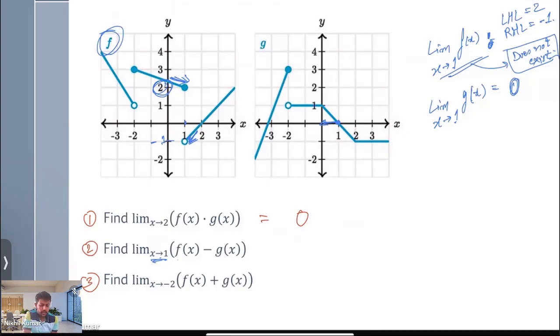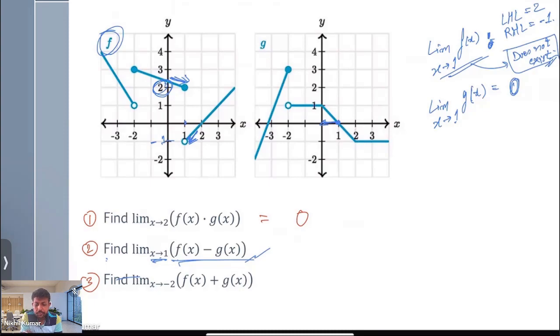But what can I say about the limit of f of x minus g of x? Since the limit of f of x does not exist, can I say that the limit of f of x minus g of x also does not exist?